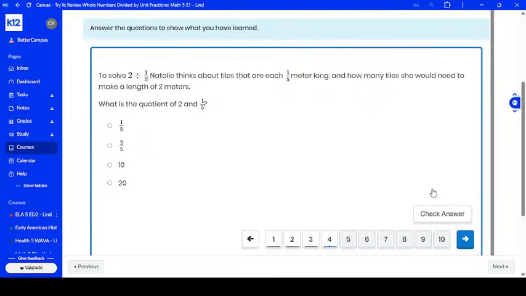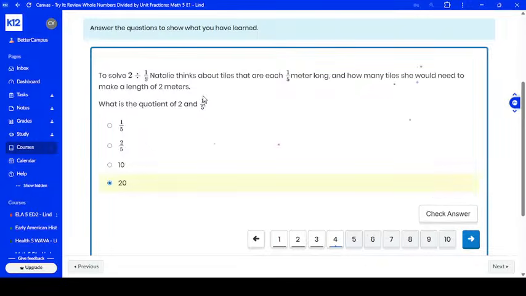To solve 2 divided by 1/5, Natalie thinks about some tiles that are each 1/5 meter long, and how many tiles would she need to make a length of 2 meters? What is the quotient of 2 and 1/5?